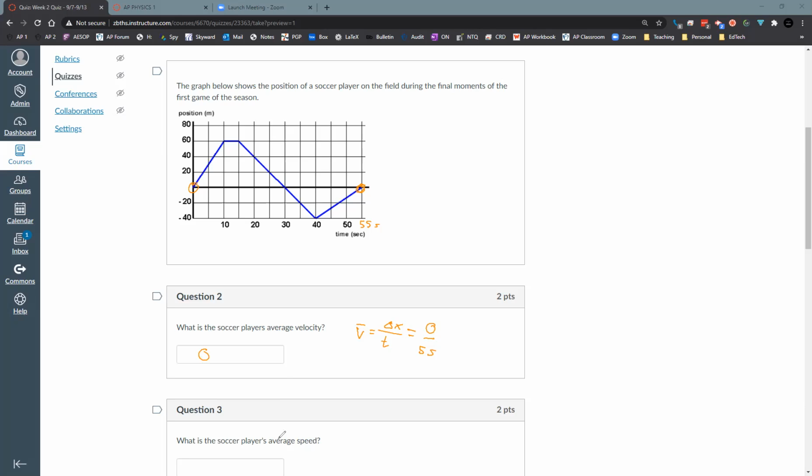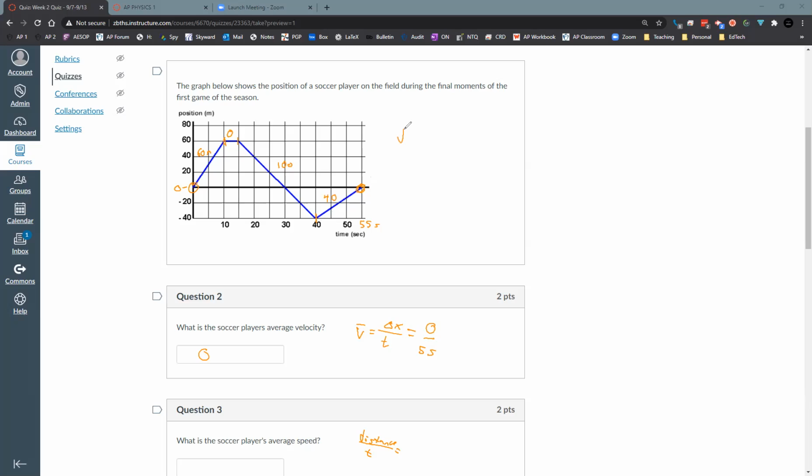For the soccer player's average speed, it's the same idea, but instead of displacement, we use distance divided by time. So in this case, we have to actually go through and add up the total distance that the soccer player traveled. They start here at 0 meters, they go up to 60 meters, so they traveled 60 meters here. They were at 60 and stayed at 60, so they did not go any distance here. They started at 60 and went all the way down to -40, so they went 100 meters here. And they started at -40 and went up to 0, so they went 40 meters here. Again, we don't care about directions here.